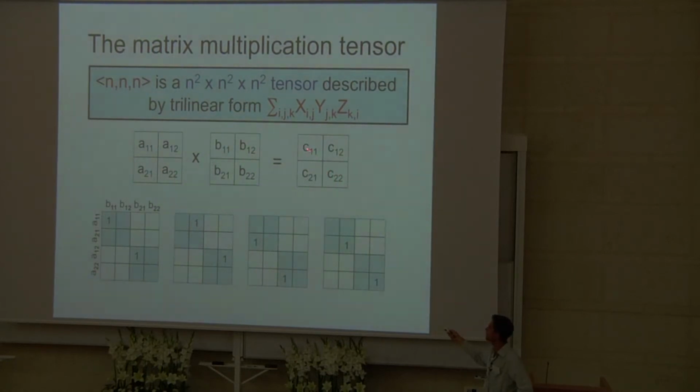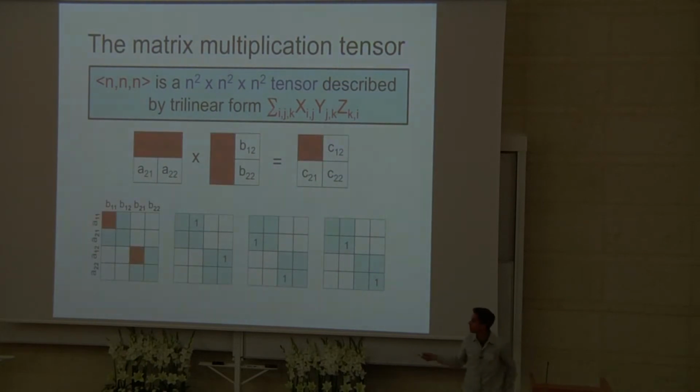So for example, the C11 entry here is A11 times B11 plus A12 times B21. And you can see that there are 1s in the positions that pick up the A11, B11 product and the A12, B21 product if I label the rows and the columns in this way.